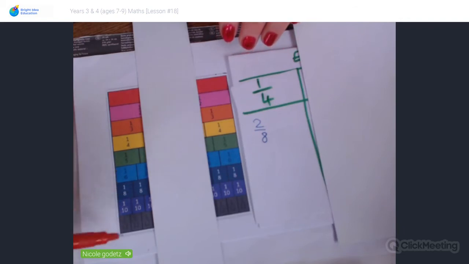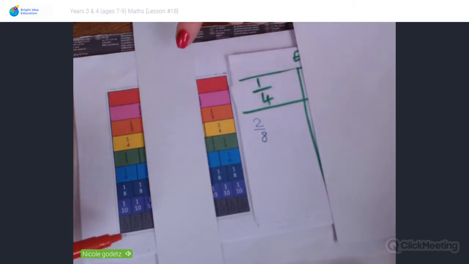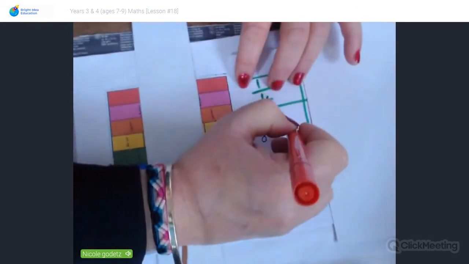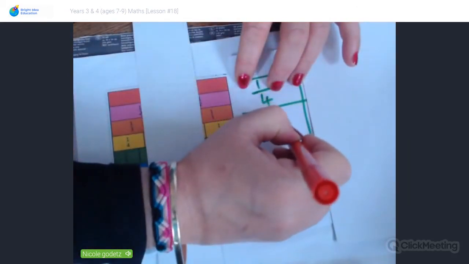What else is on here using the fraction chart? What other fractions do you know are equivalent to 1/4? So 2/8. How many 12ths are equivalent to 1/4? I know it's grey, it's dark down there, but you can work it out. Exactly, 3/12.